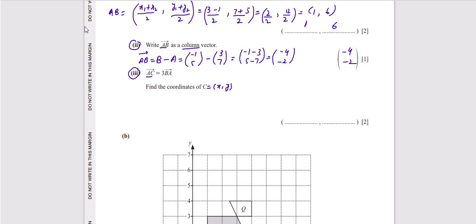So AC should be written as C minus A, is equal to 3 BA, and BA should be written as A minus B. The coordinate of C is x y minus the coordinate of A, the coordinate of A is 3 and 7.